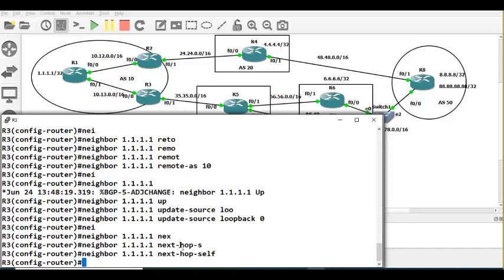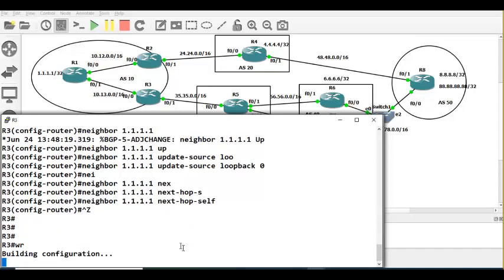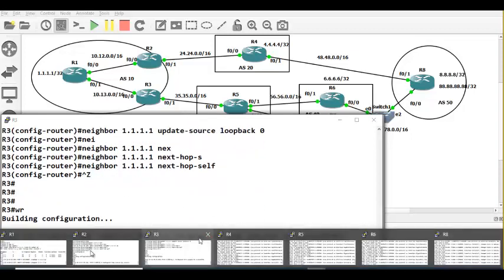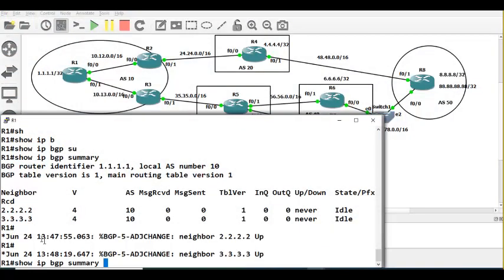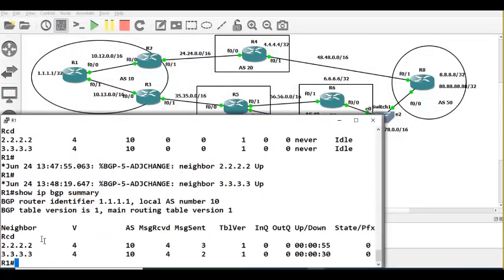Done. What is the next thing we have to do? We need to check from router 1. Right. Neighbor is established. Good.